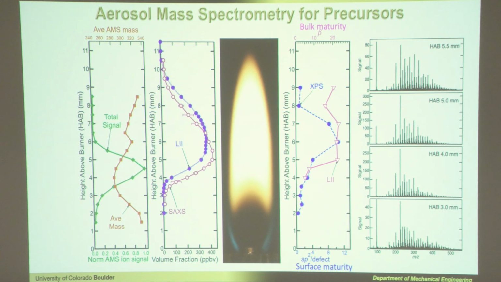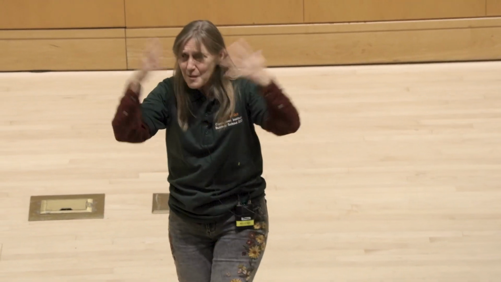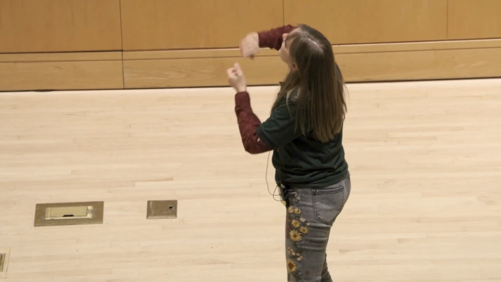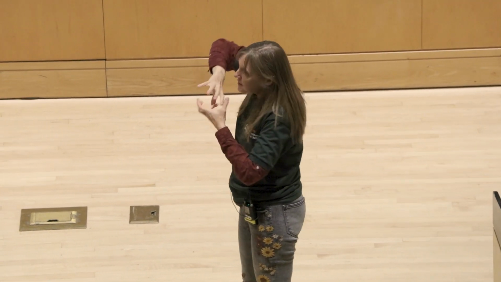Oh yeah, okay, so what's the composition now of the particles as they grow? So we can do aerosol mass spec, but what starts to happen is our signal starts to go away, right? As you get more mature, you're not going to get those things vaporizing off your surface. And what we see for the average size of the species is, as we're growing the particles, the average size of the species in the mass spectra goes down, and then it goes back up again.